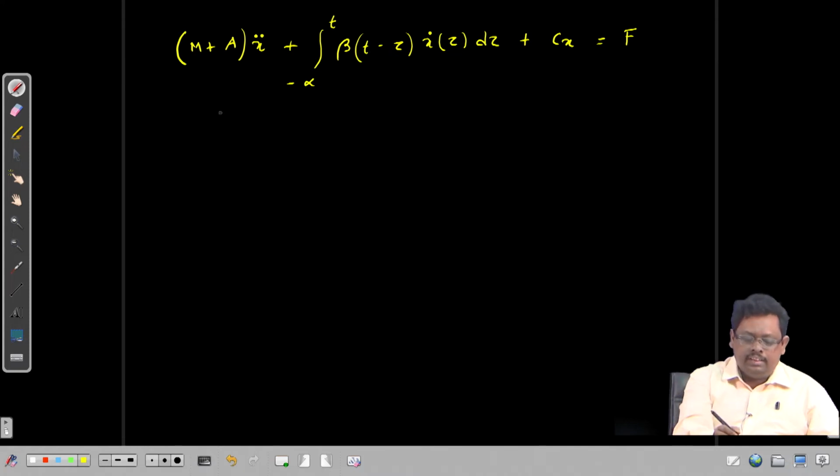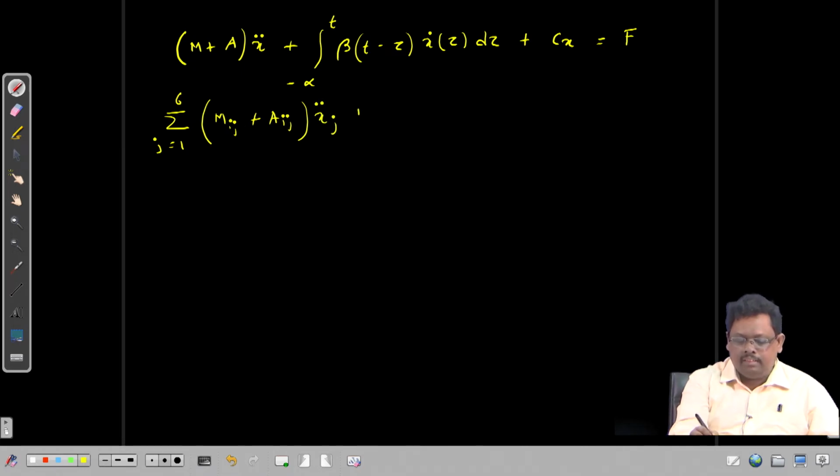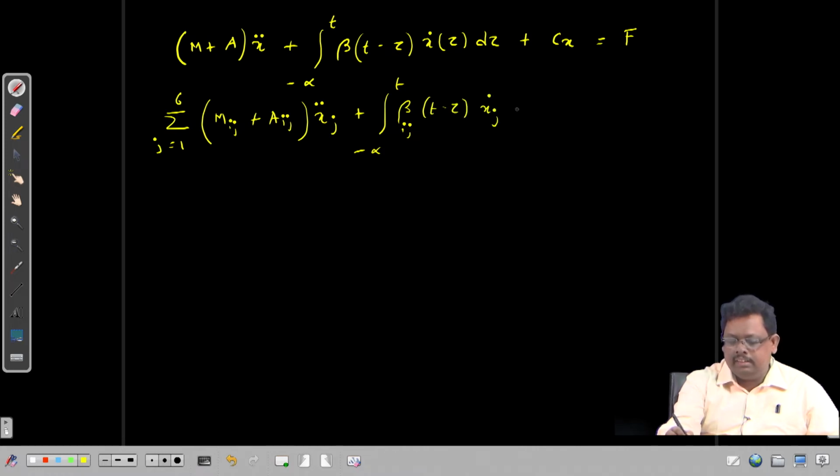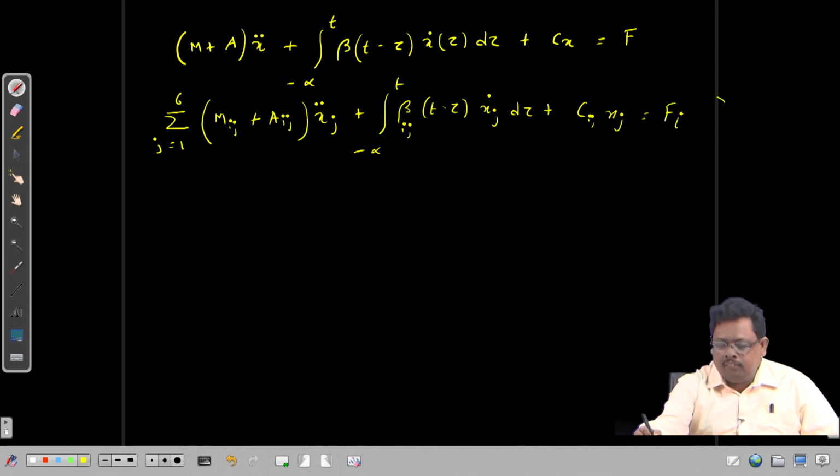So, the summation is j equal to 1 to 6 of (m I j plus a I j) into x double dot j, plus the integral from minus infinity to t of beta I j (t minus tau) into x dot j d tau, plus C I j into x j equal to f of I, where I also runs from 1 to 6.